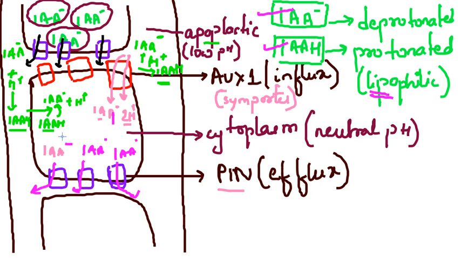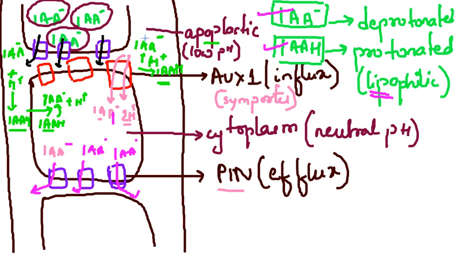Once IAAH has entered the cell, what will happen? They will dissociate, because inside the cell IAAH cannot exist. Inside the cell it has to break up into IAA minus and H plus.